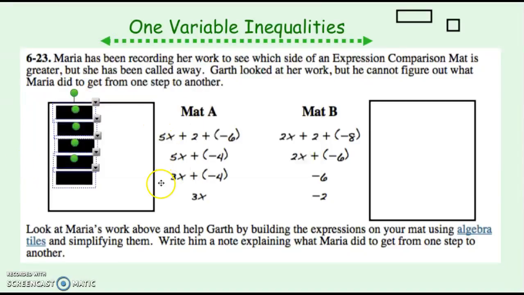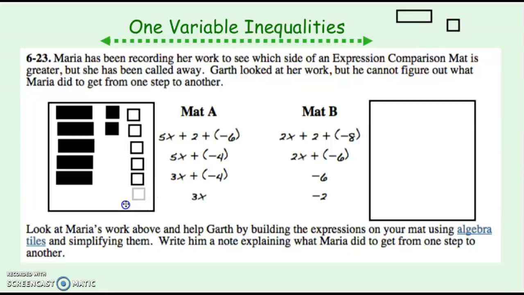So I have my 5 x's plus 2, 1, 2, and those also have to be shaded because those are positive. And then I have plus negative 6. So I'm going to do 6 negative units. Okay, and on mat B, I have 2 x's to start.